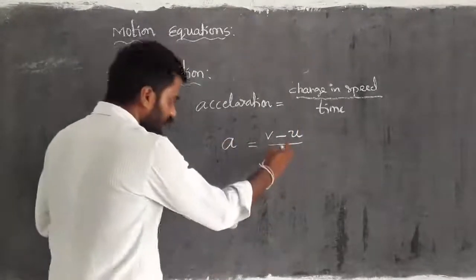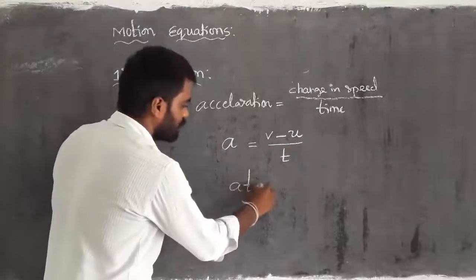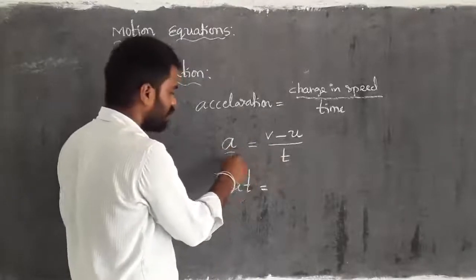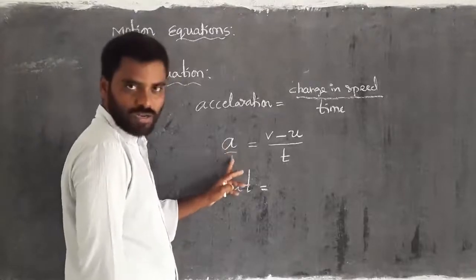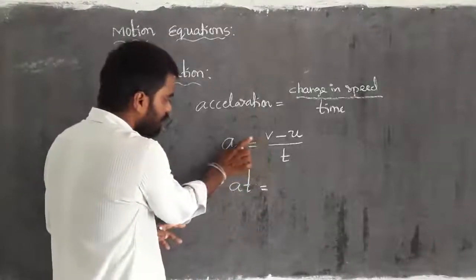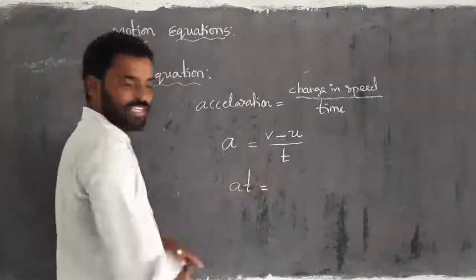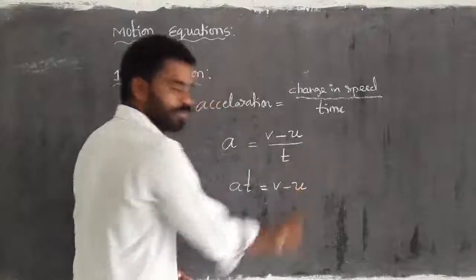Then take t to the left side. It is a product because these two are multiplied. Since nothing is present, a is simply a divided by 1. Right? So a by 1, cross multiplication, t is multiplied with a. For that, at is equal to v minus u.